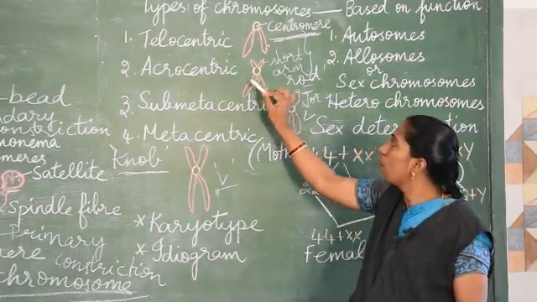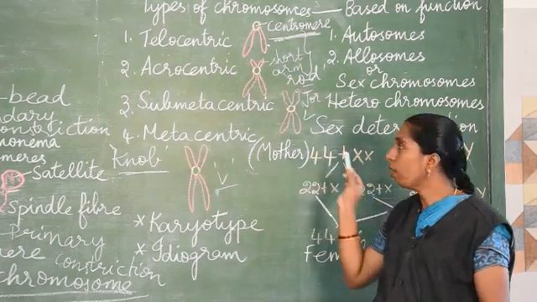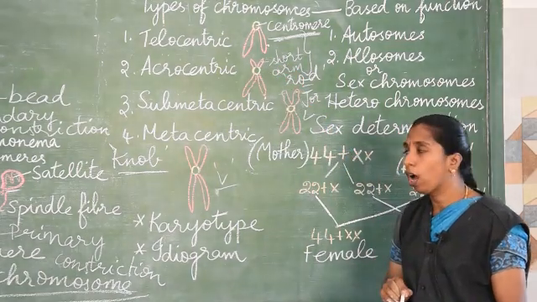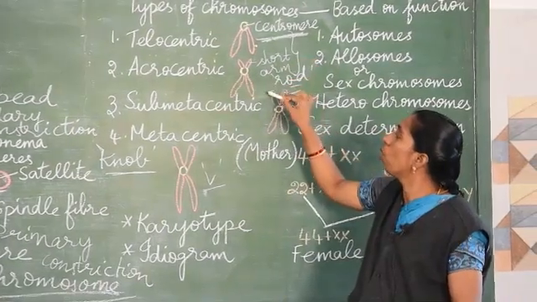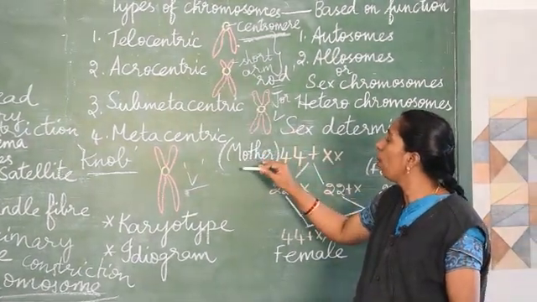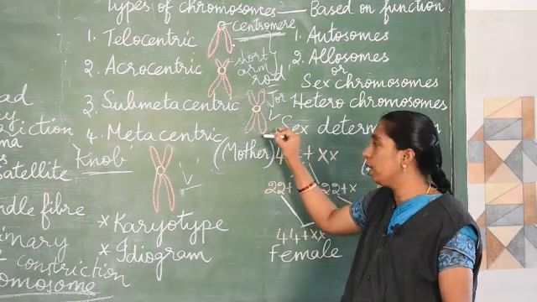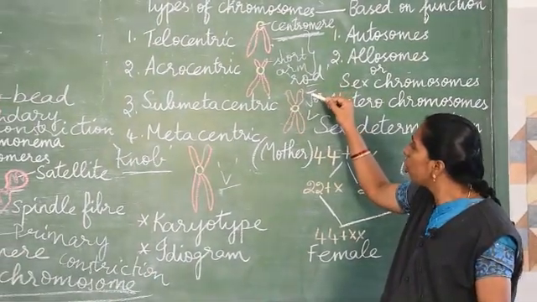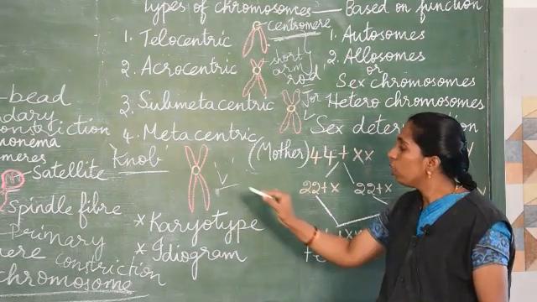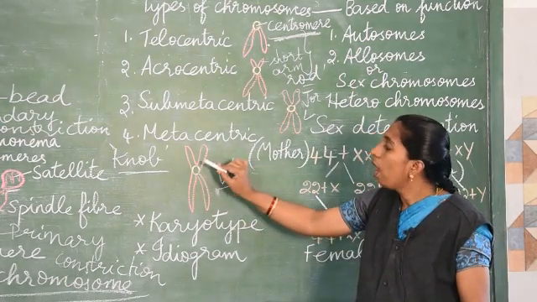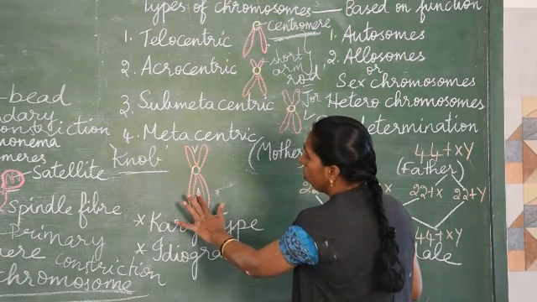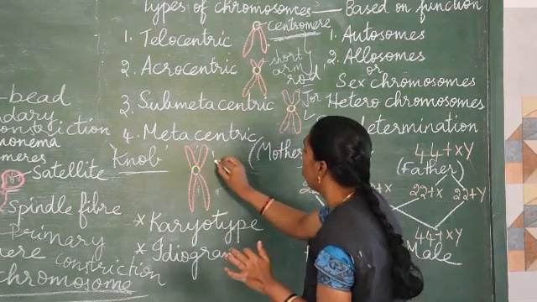In acrocentric chromosomes, there is a short arm on one side and a long arm on the other side, and both of these are rod-shaped chromosomes. Next is the submetacentric chromosome, where the centromere is located more or less near the center, and they may be J or L-shaped. In the metacentric chromosome, the centromere is located in the center and they are V-shaped.